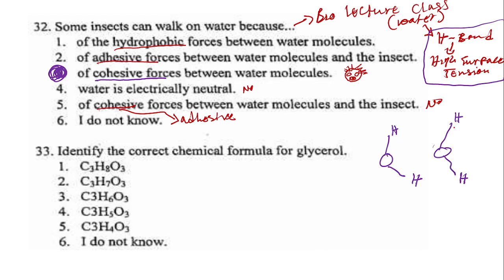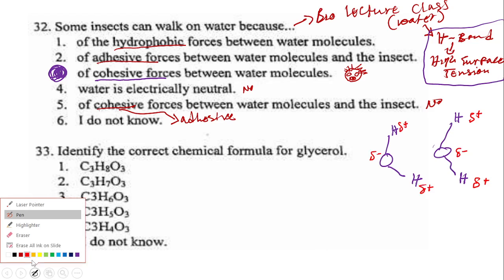These atoms normally share the electron, so in such a case, you need to expect this one to be partially positive, that one partially positive, that one partially positive, and that one partially positive. Then this other one will be partially negative, and that also will be partially negative.